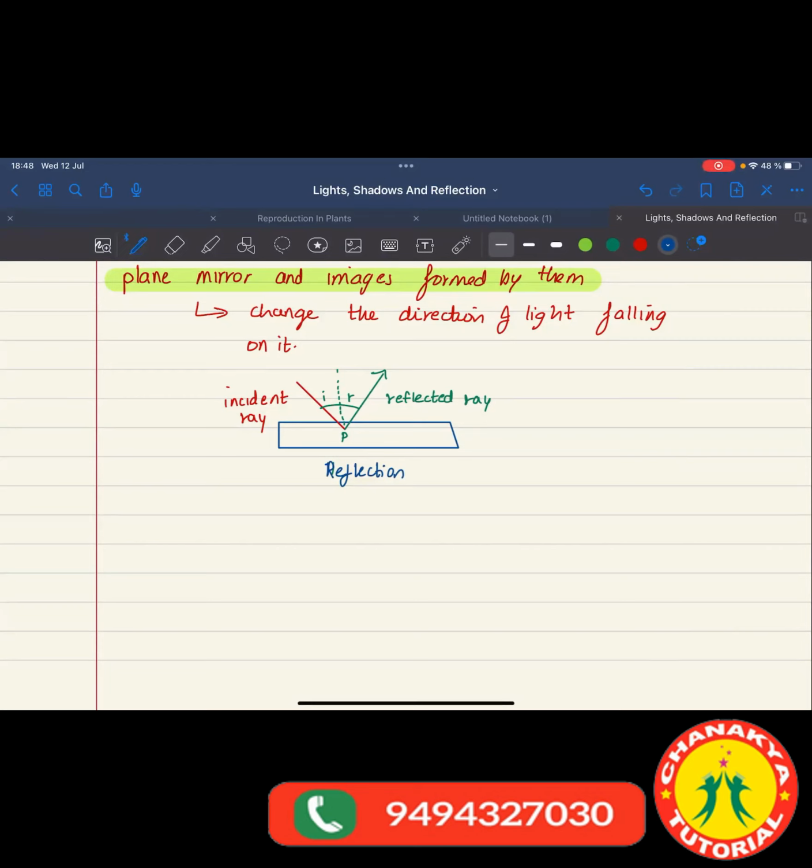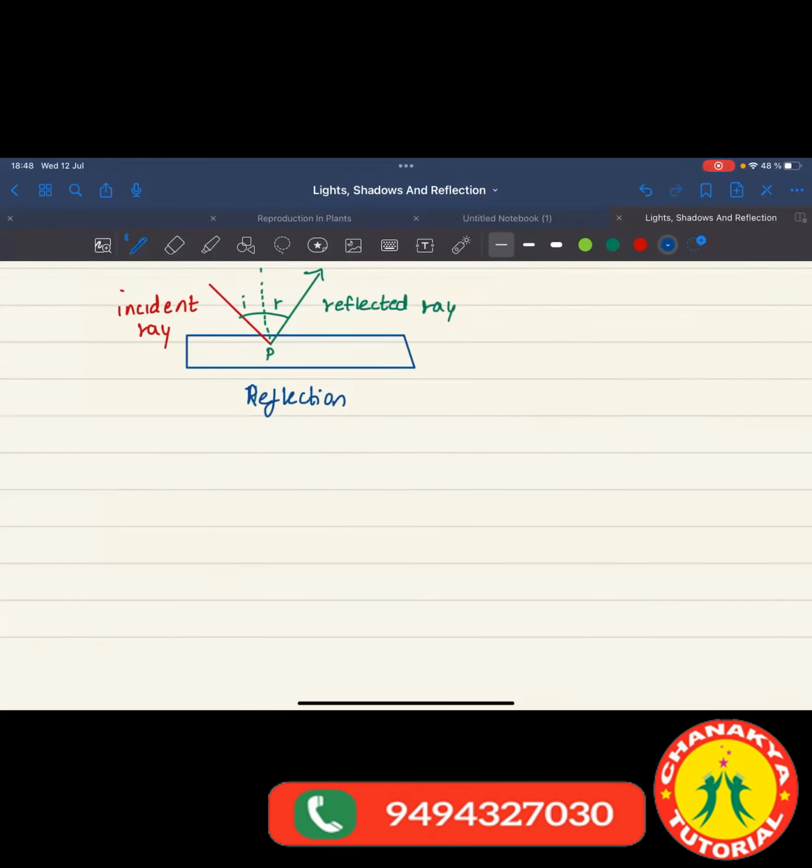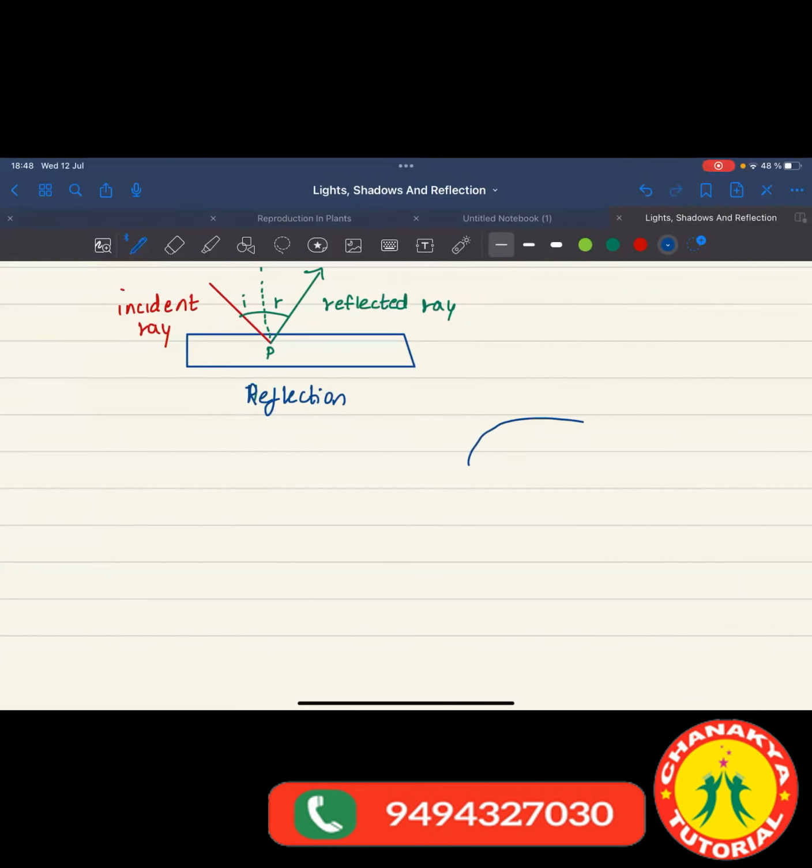Now, for example, you're taking a comb and placing it in front of a mirror over a dark colored paper. There is a dark paper over here.